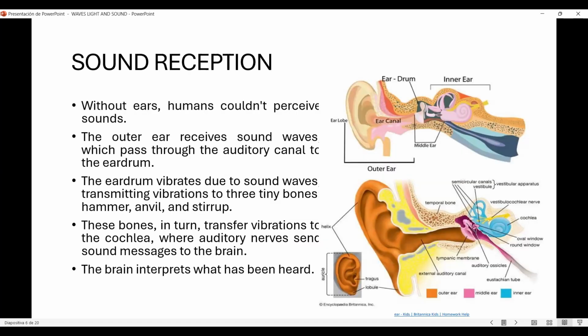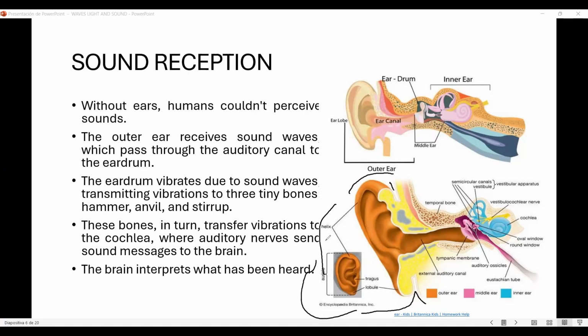All right, so talking on sound reception, the outer ear, that is called the pinna or auricle, is going to be the visible part of our organ, right? So it has a helix shape, okay?